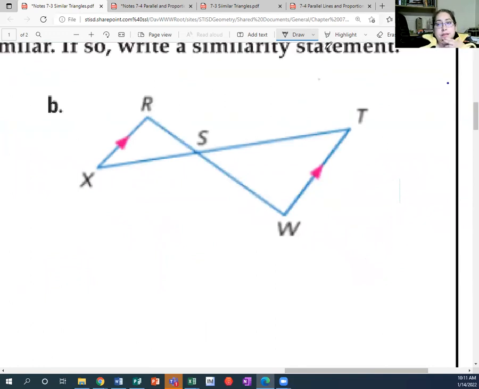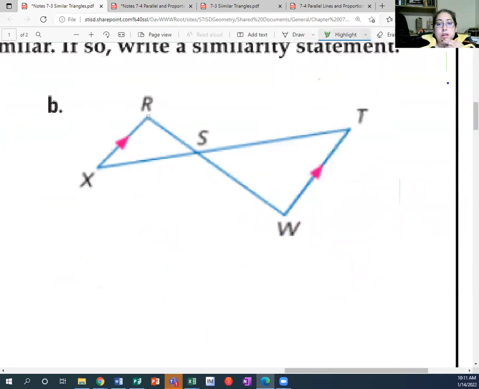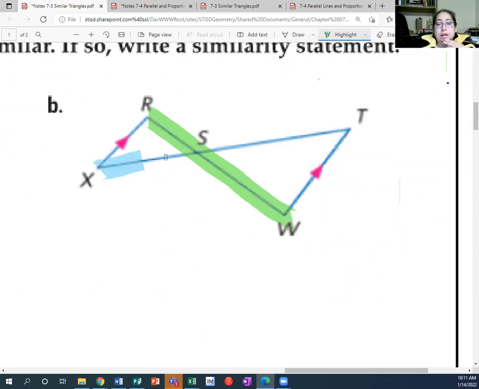All right, the first thing I notice is that this line here from R to W, this line is intersecting this line here from X to T. And when lines intersect, they create vertical angles. Right there and right there. Thinking way back, it was like chapter 1, we saw a hint of it.